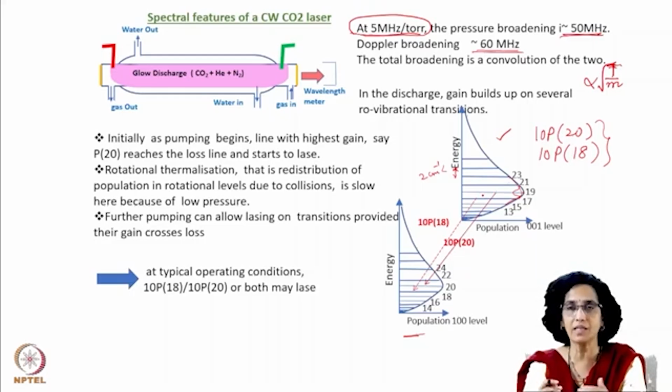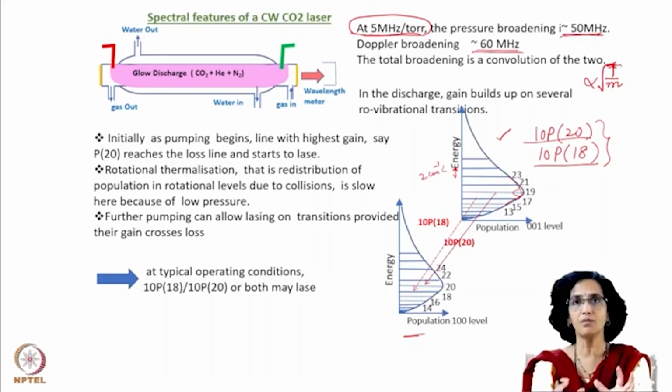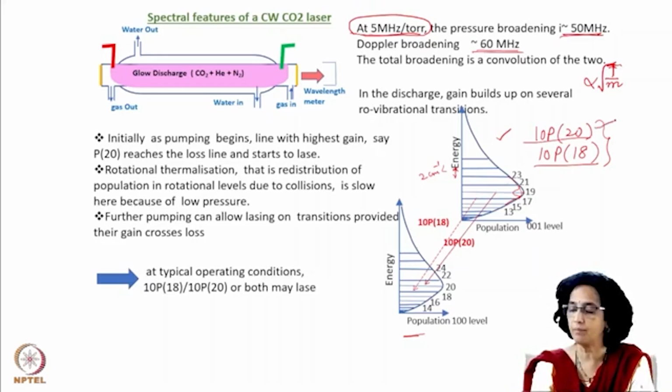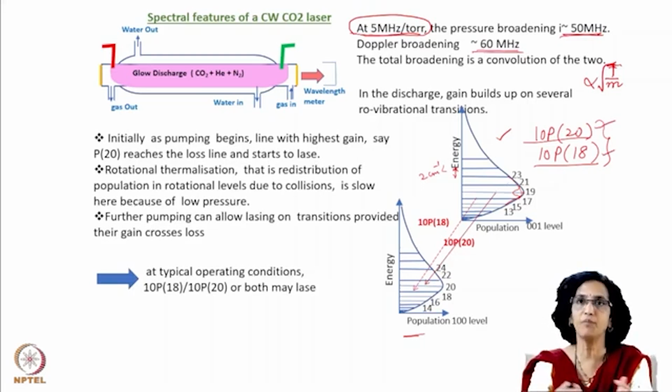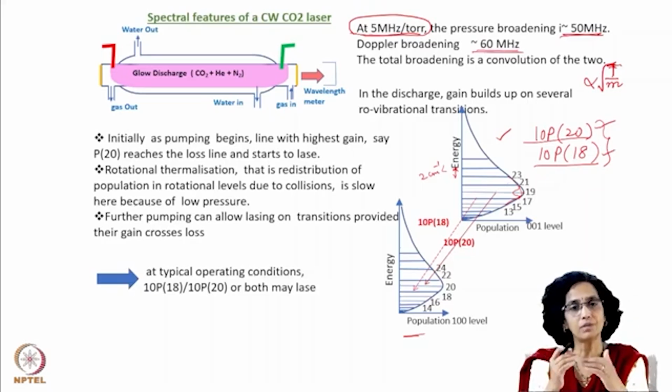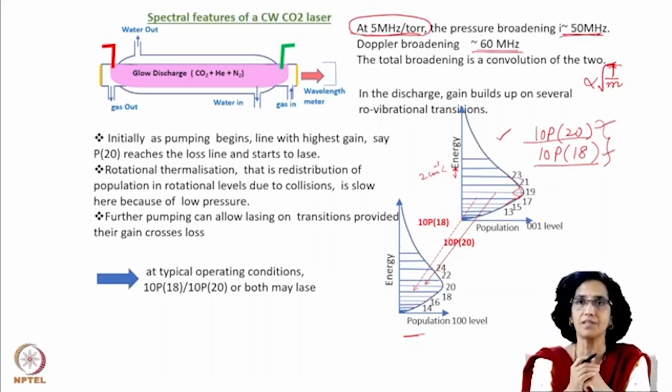Eventually, there will be a tussle or a competition between the two, and generally it is seen that one of them continues to lase, and you get lasing on either 10P20 or 10P18. Sometimes there is a jump from one to another, and that can be attributed to some variations in the cavity length, etc., because of which the gain on one increases relative to the other.